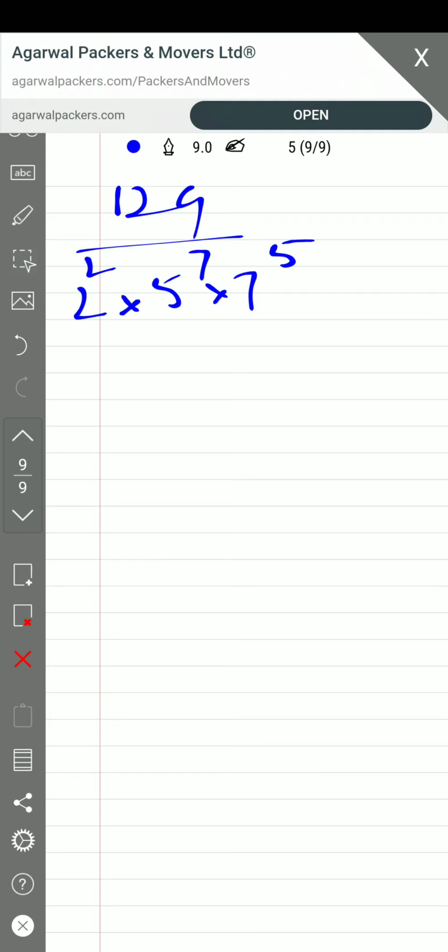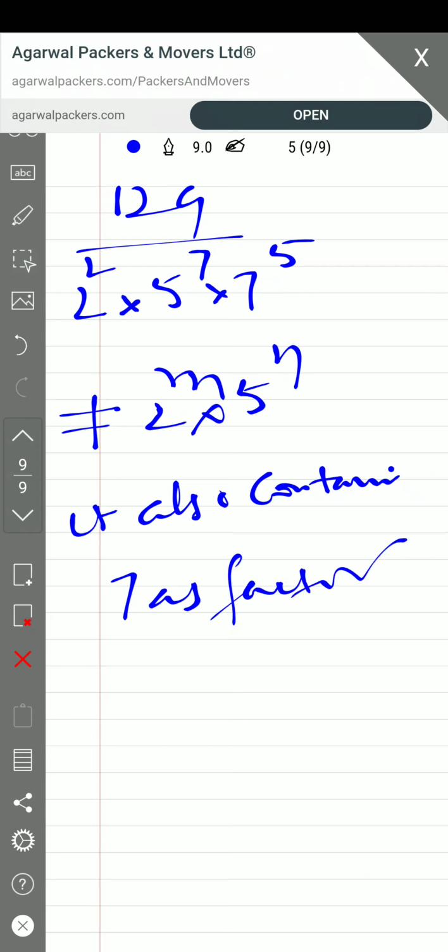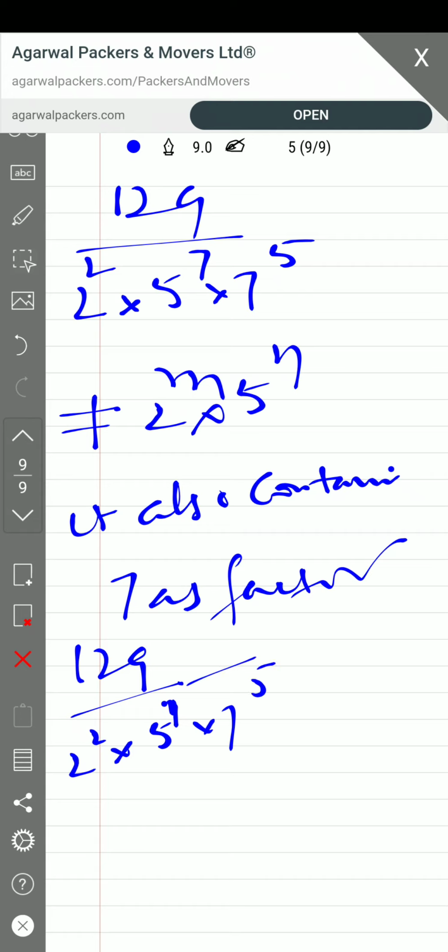Since the denominator is not of the form 2 power m into 5 power n, and it also contains 7 as its factor, therefore 129 by 2 power 2 into 5 power 7 into 7 power 5 is a non-terminating repeating decimal.